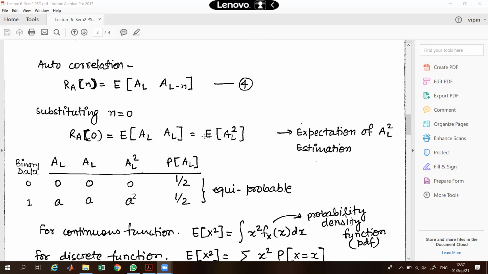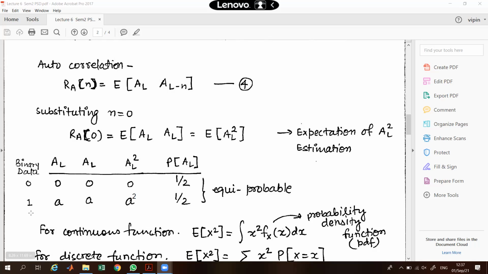This expectation might have been told to you in your mathematics course. If not, then please let me know. I will show you how to find the autocorrelation function also, and I'll provide you the formula and details of it. So we have binary data.